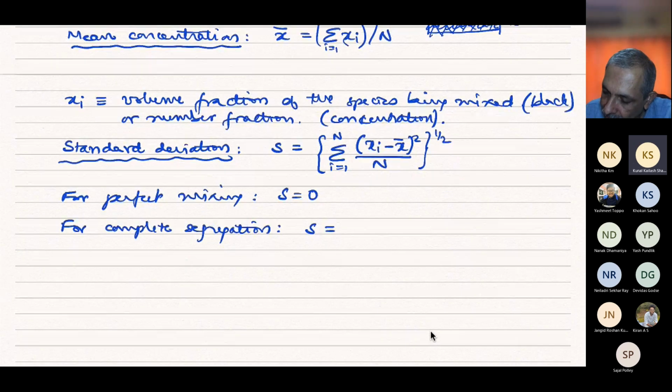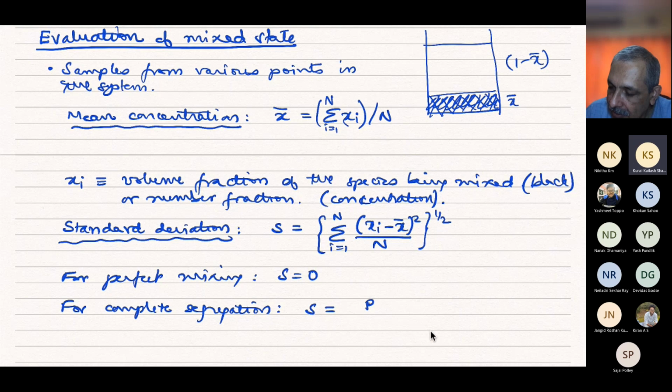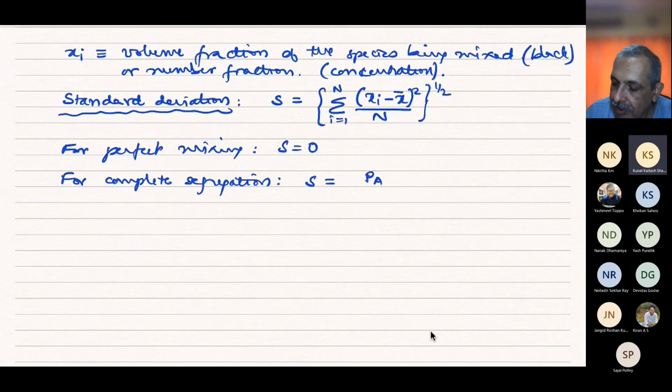So instead of writing the sum over n, I can write it as the probability of being in region A, and this is, let's say, region B. So this is the probability of being in region A times the concentration at xa minus x bar whole squared, plus the probability of being in region B times the concentration at xb minus x bar squared.